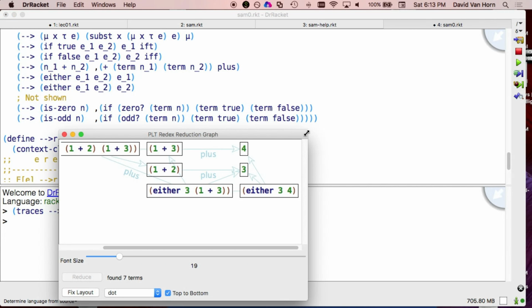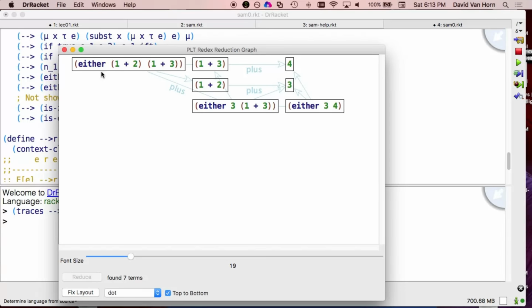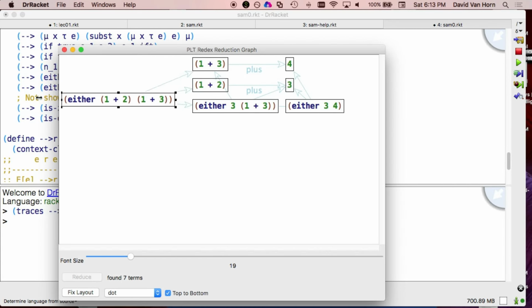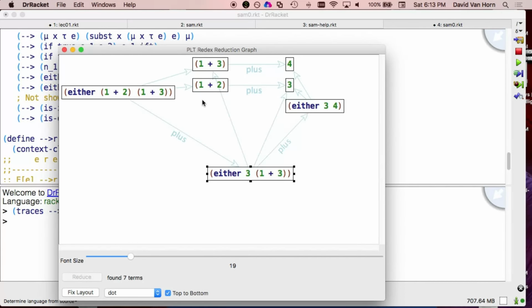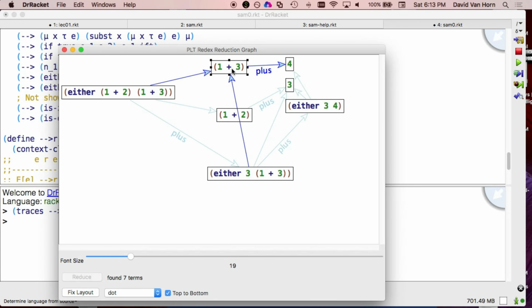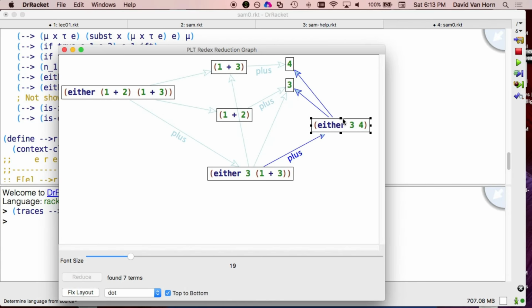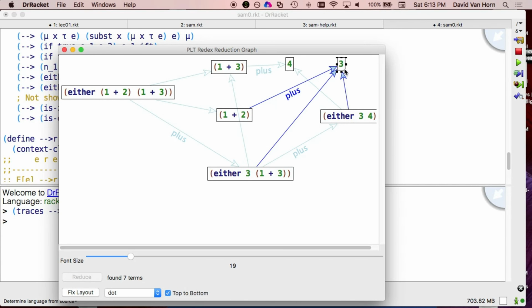Okay, and now you'll see there's many different ways that this could reduce, because we can either choose which subexpression we want, or we can reduce within them. Okay, and all of that is fine here, and we always end up with either 3 or 4.